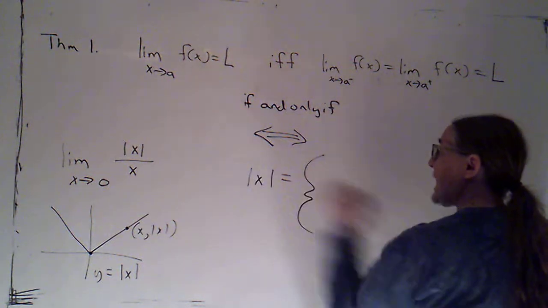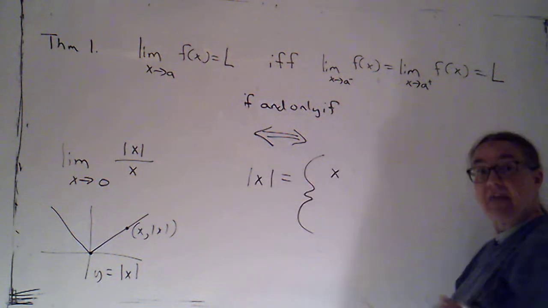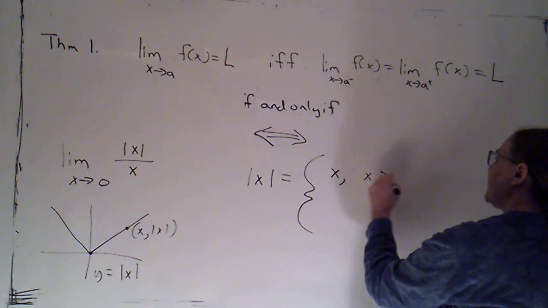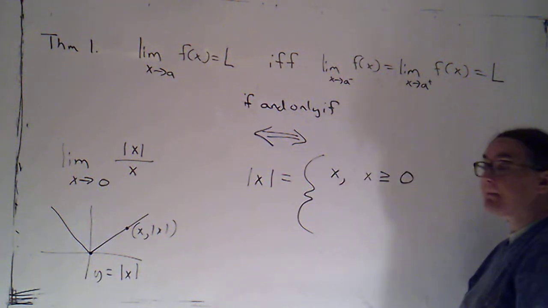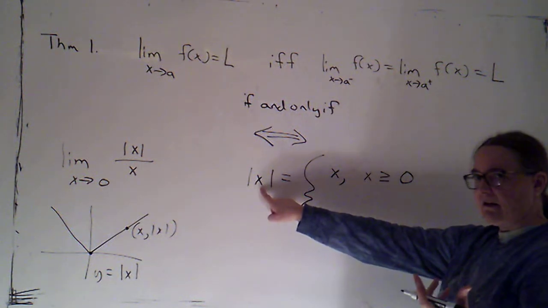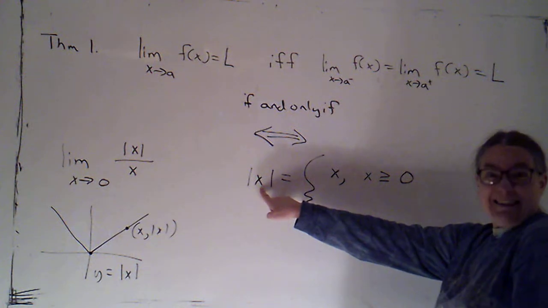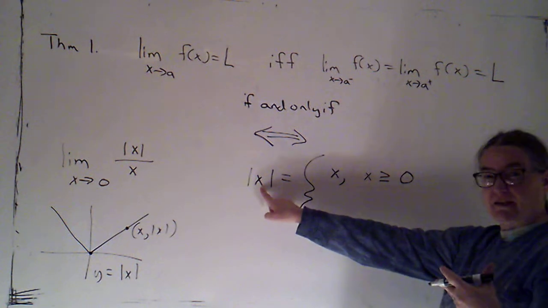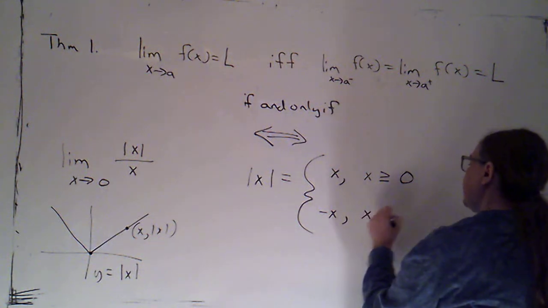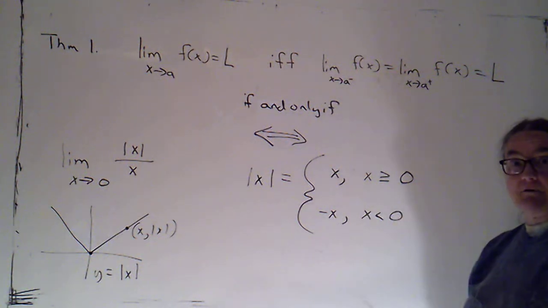So I can say the absolute value of a number is just that number, and that would apply if x is bigger than or equal to 0. But if my number x is negative, then the absolute value isn't that number, it's the opposite of that number. So I would get the opposite of x if x is less than 0.